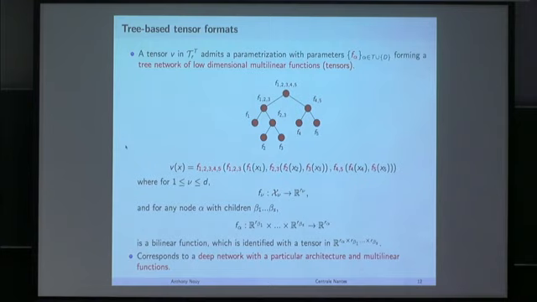What you can show, in fact, is that the function v of x in this format associated with such a tree will have such a representation. And here you recognize what we have seen previously in the deep networks, okay? But something is specific here: for the functions of the individual variables, these are maps, in fact, from the set on which your variable is defined to R, okay?